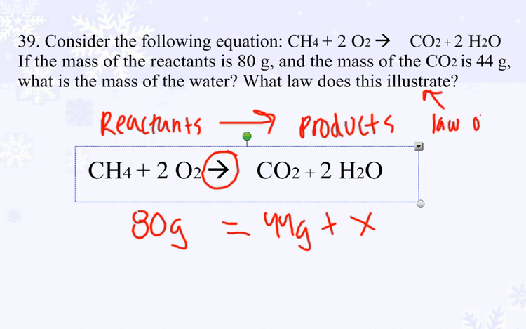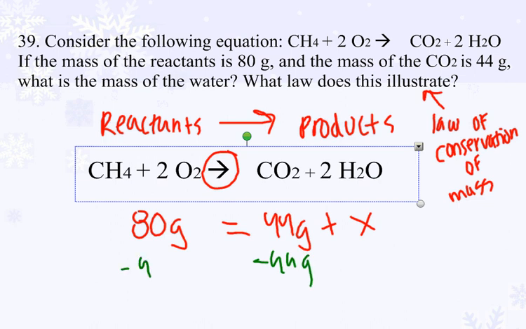The law of conservation of mass says that mass cannot be created nor destroyed. So the mass of my reactant must equal the mass of the products. You can think of this as a balance. And at all times, an equation must be balanced. So in order to solve for x, I'm going to subtract 44 grams from both sides. And I get x is equal to 36 grams of water.